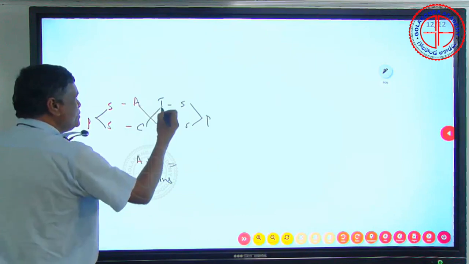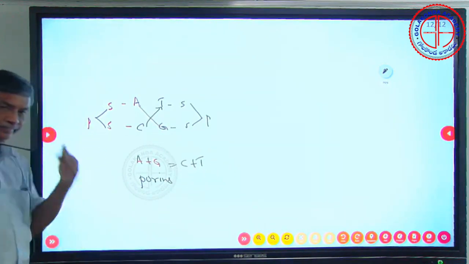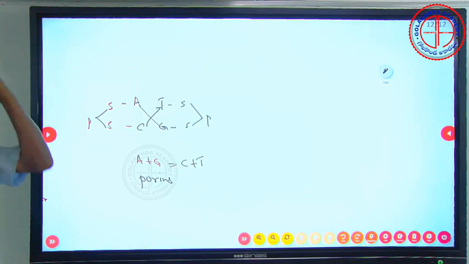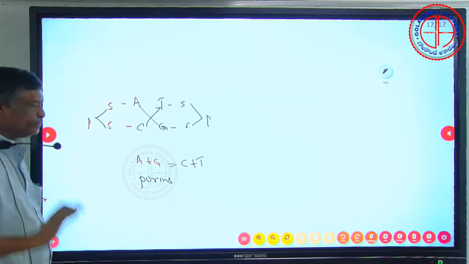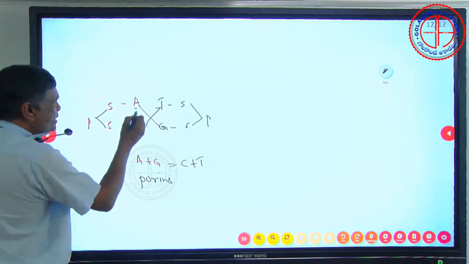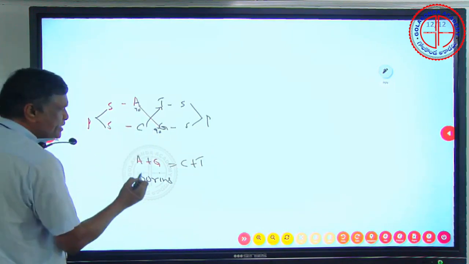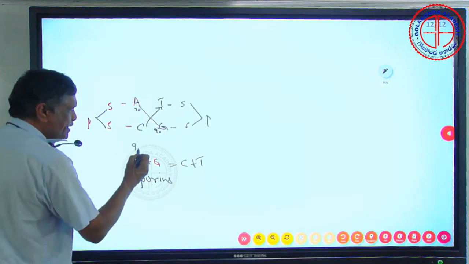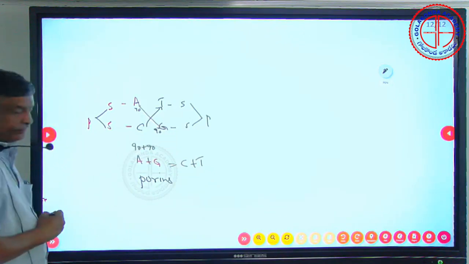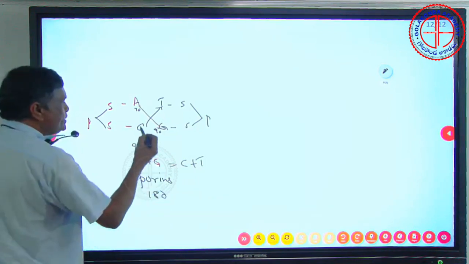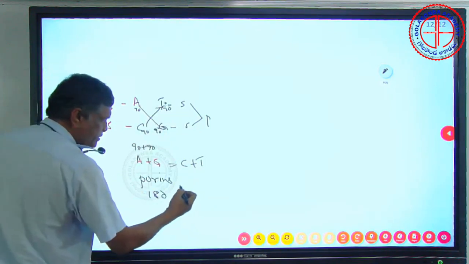What are these two? Pyrimidines. How many degrees here? Here A plus G is equal to how many degrees? 90 plus 90, 180. Similarly here also.